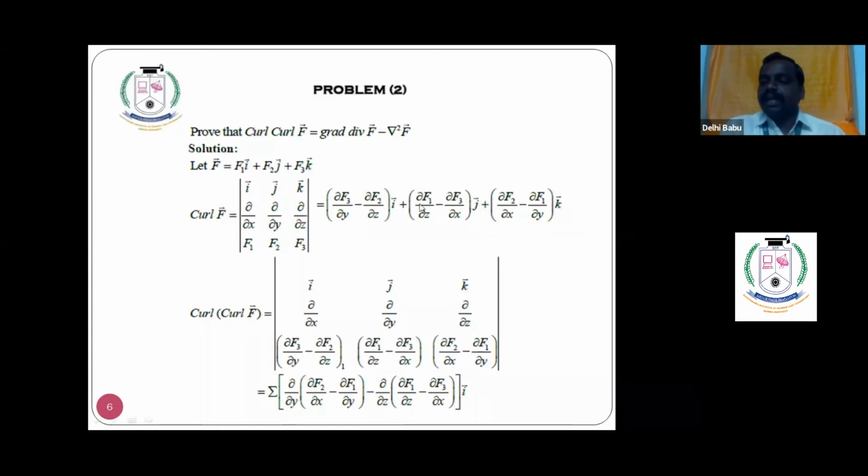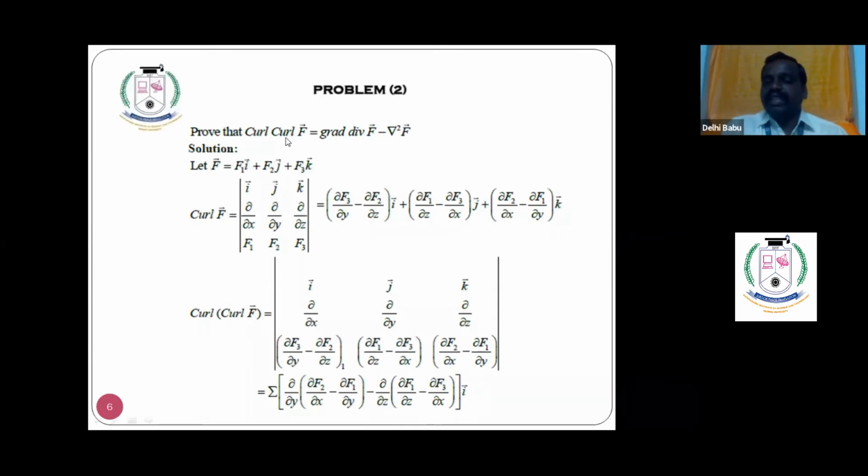From that I take the minus, so I directly put it as plus: dou f1 by dou z minus dou f3 by dou x into j vector, plus k vector into, omit the column and row. Then we have a 2 by 2 matrix. Expand this determinant: dou f2 by dou x minus dou by dou y of f1, that means dou f1 by dou y. This is your curl f vector.